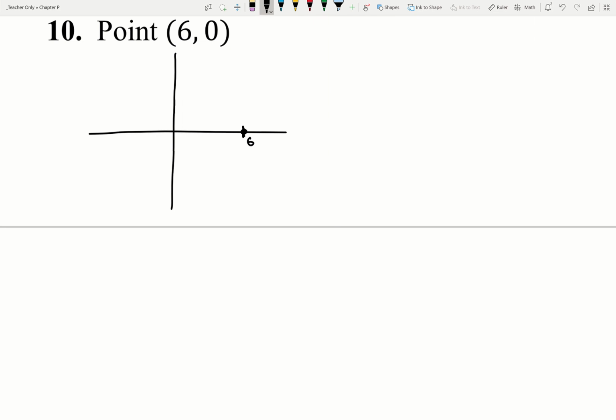Okay? So what I want you to do here is I want you to kind of think about this being like your backyard, right? So if this is your backyard in quadrant 1, and this is my backyard here in quadrant 4, then where would my point be? Okay? Well, you might consider the point to be sitting on the fence that separates our two backyards.